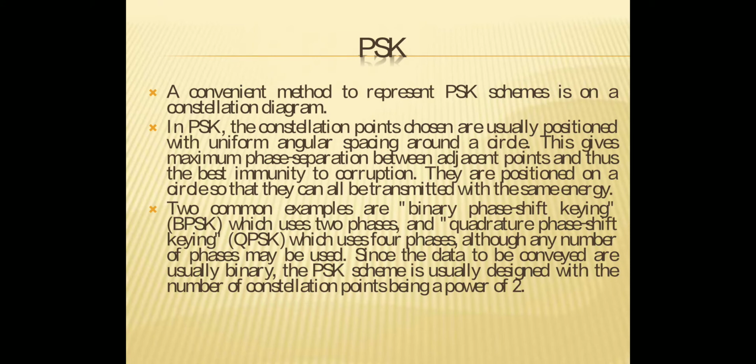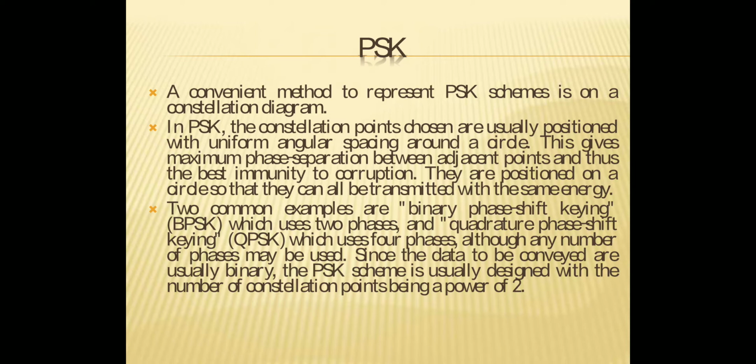A convenient method to represent PSK schemes is on a constellation diagram. In PSK, the constellation points chosen are usually positioned with uniform angular spacing around a circle. So we represent the PSK schemes in this constellation diagram, around a circle having uniform angular spacing.